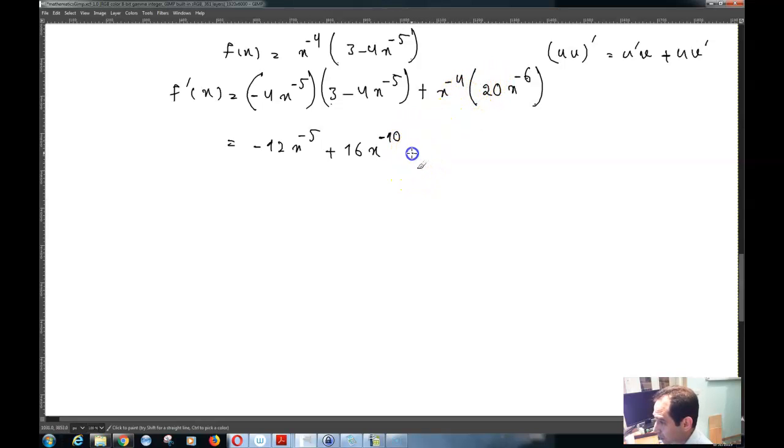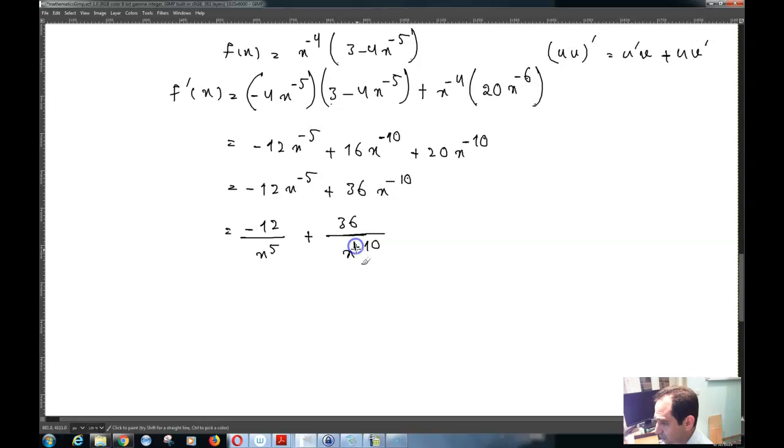And over here you have plus 20x raised to the power negative 10, which is equal to negative 12x raised to the power negative 5 plus 36 x raised to the power negative 10, which is equal to negative 12 over x raised to the power 5 plus 36 over x raised to the power 10. I'm sorry, positive 10.